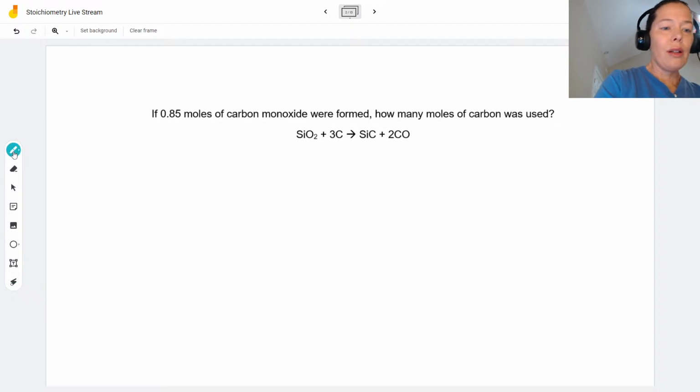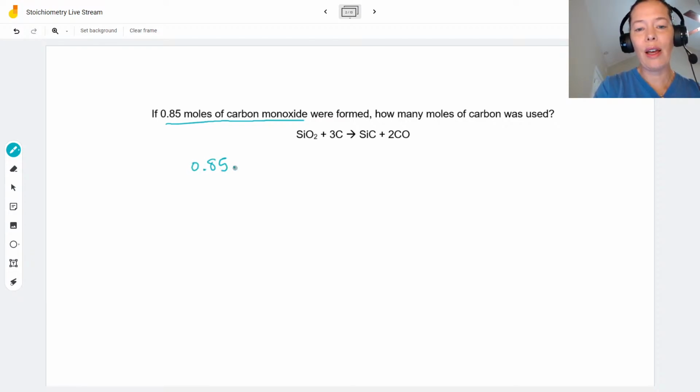Okay, so let's start doing our math. Again, I'm going to start with what I was given. I was given, that should be a decimal point, 0.85 moles of carbon monoxide.